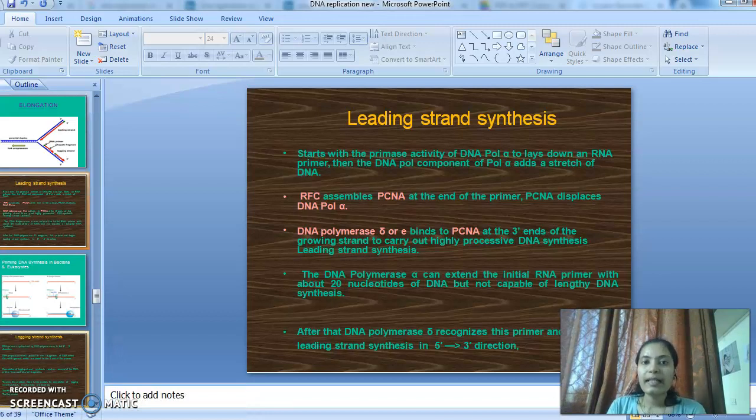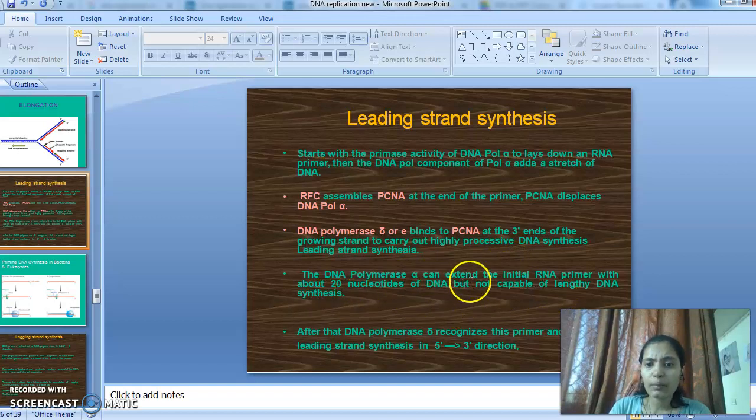Now we'll see the leading strand synthesis. It starts with the primase activity. DNA polymerase with the help of RNA primers keeps on adding the dNTPs, and DNA polymerase delta binds to PCNA at the 3' end of the growing strand to carry out highly processive DNA synthesis on the leading strand.